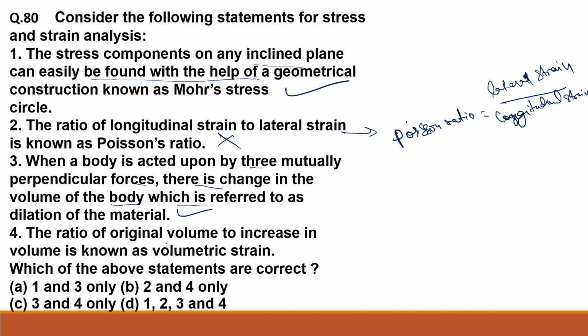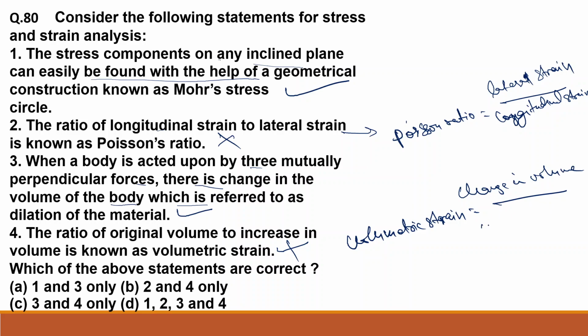The ratio of original volume to increase in volume is known as volumetric strain. This option is also wrong, because the volumetric strain is equal to change in volume upon original volume.